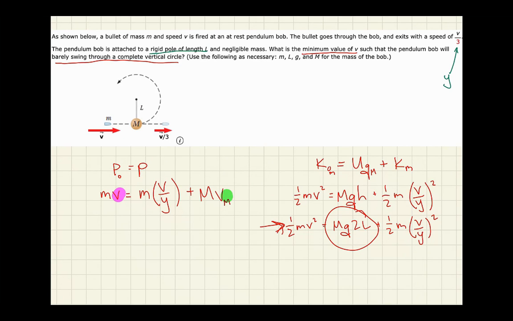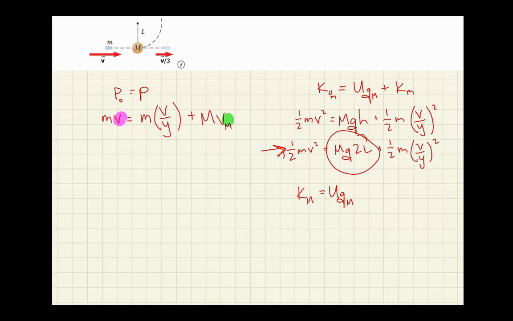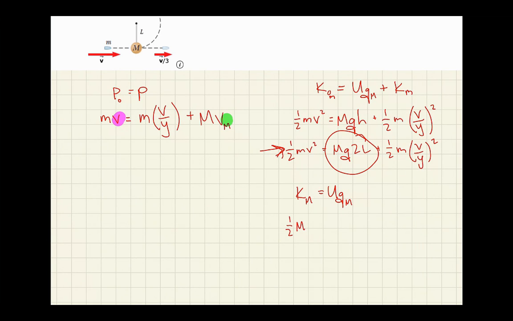So the kinetic energy of block M at the lowest point is equal to the gravitational energy of the block at its highest point, which would be 1/2 big M times V of big M squared equals big M times g times the height, which is 2L. Solving for V of big M, I would get V_M equals the square root of 4gL.